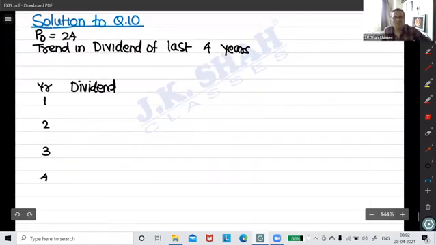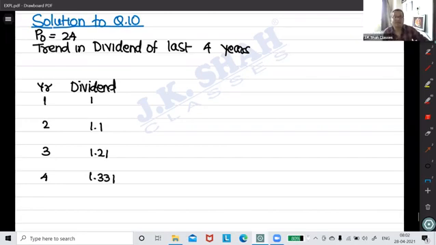Dividend: year 1 the dividend is 1, then 1.1, then 1.21, then 1.331.